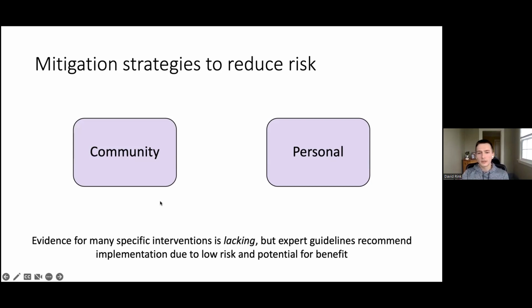And while we'll talk primarily about personal mitigation strategies, we should absolutely feel like we have a role in advocating for these community level changes. Regarding the personal mitigation strategies, I will say there are a few we'll talk about. There isn't robust evidence for any of them, but overall the low risk and the high potential for benefit make them really strategies that we should be trying.